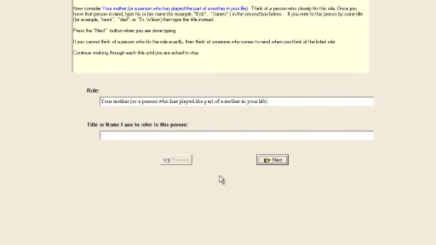This is idiogrid, which is a program that works on the basis of helping people to elicit firstly their role constructs.